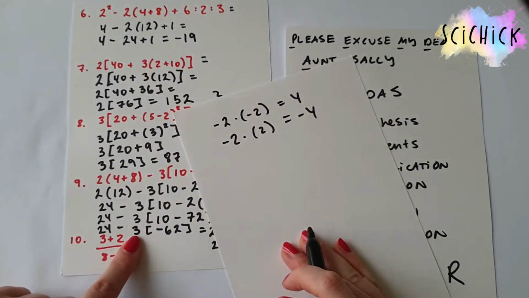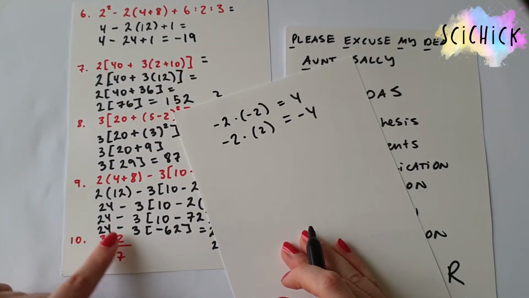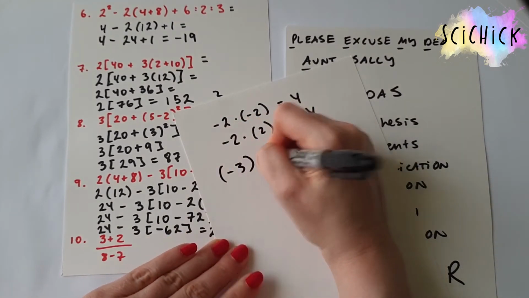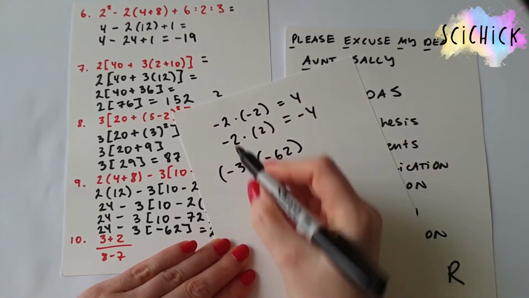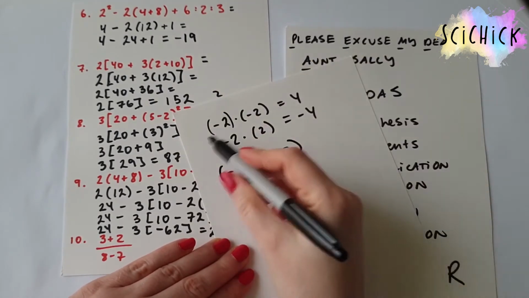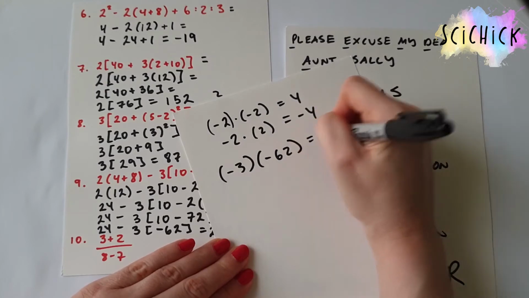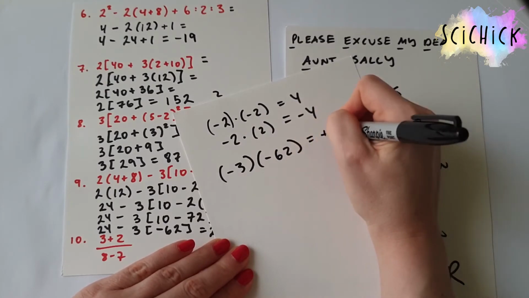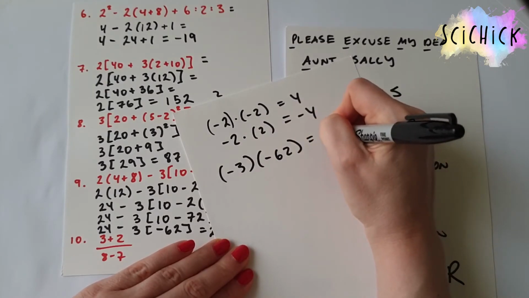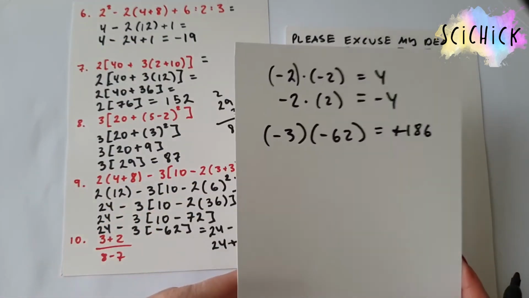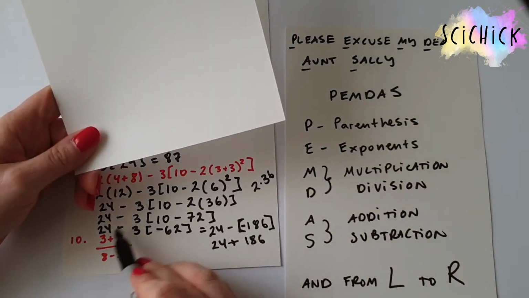And if the 3 is outside, it's still going to be minus 3. So you can look at it like this. Minus 3 times minus 62, which would just be like putting parentheses around this guy. So it's going to be minus 3 times minus 62. And then we have plus 186. See, even I can get confused sometimes. So just be careful when you have minuses, that the minus is going to follow the number.